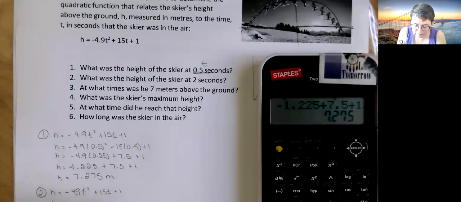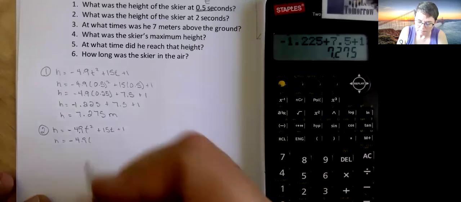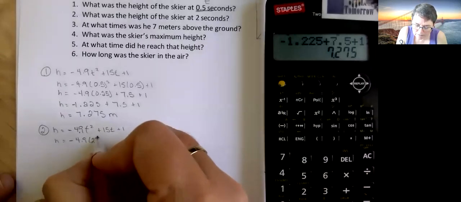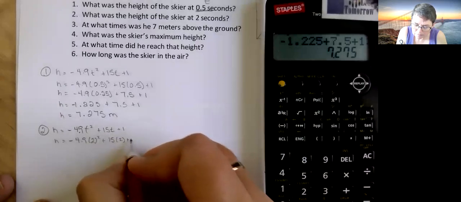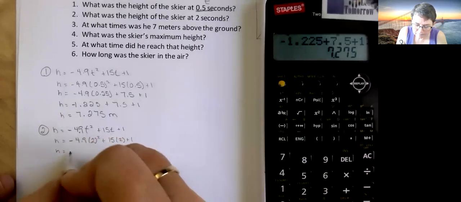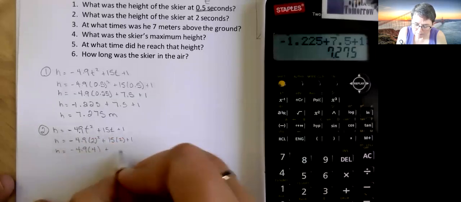So negative 4.9, and I want 2 seconds now, 2 squared, plus 15 times 2 plus 1. So 4 plus 30 plus 1.